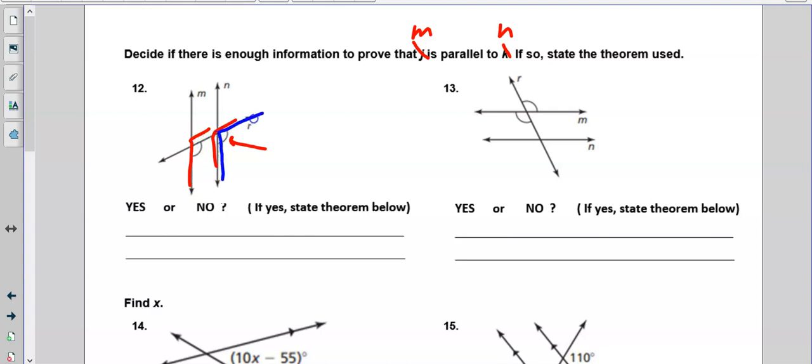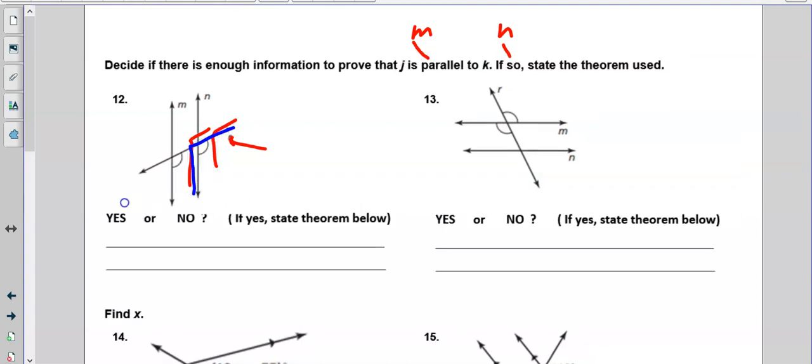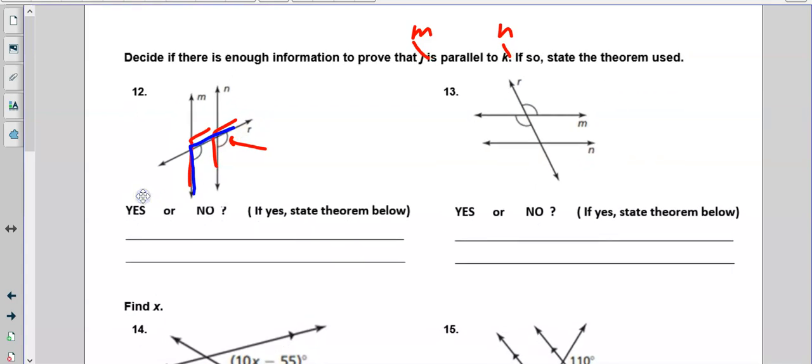Okay? So one's inside, one's outside, and the same side of the transversal. So the answer is, change your marker first. The answer is yes. And we're going to say because of corresponding angles. And you can just abbreviate.